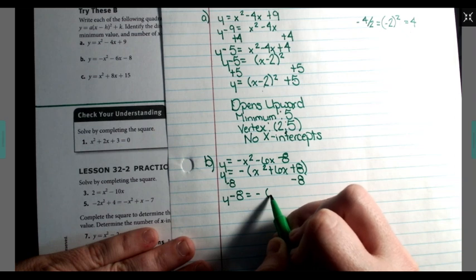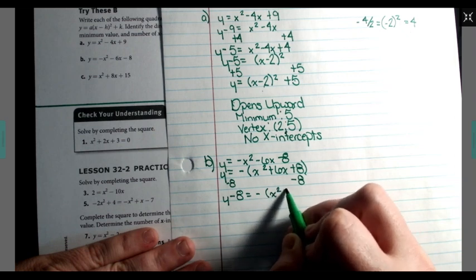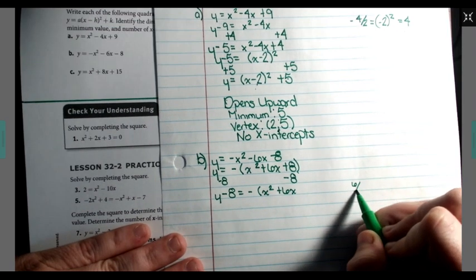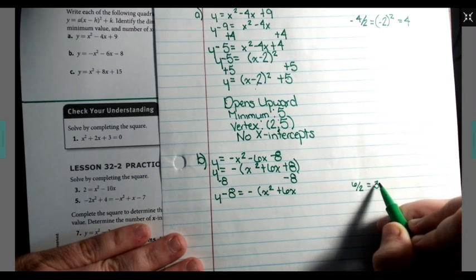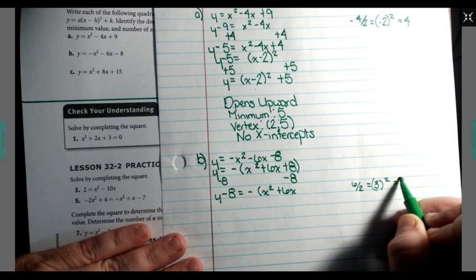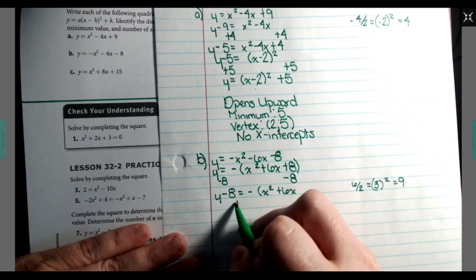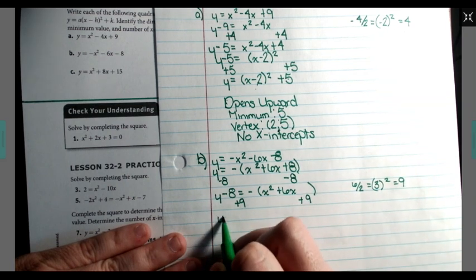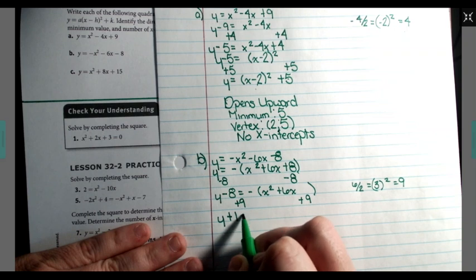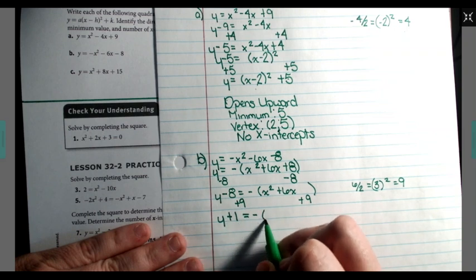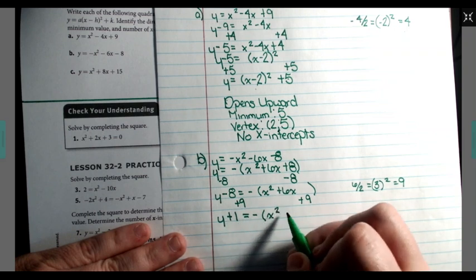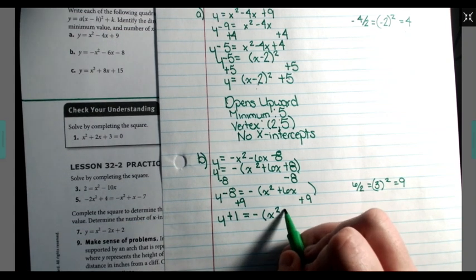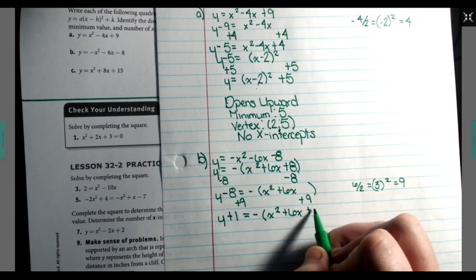equals negative (x squared plus 6x). Off to the side, I'm going to do 6 divided by 2 equals 3, and 3 squared equals 9. So we're going to add 9, add 9. So y plus 1 equals negative (x squared plus 6x plus 9).